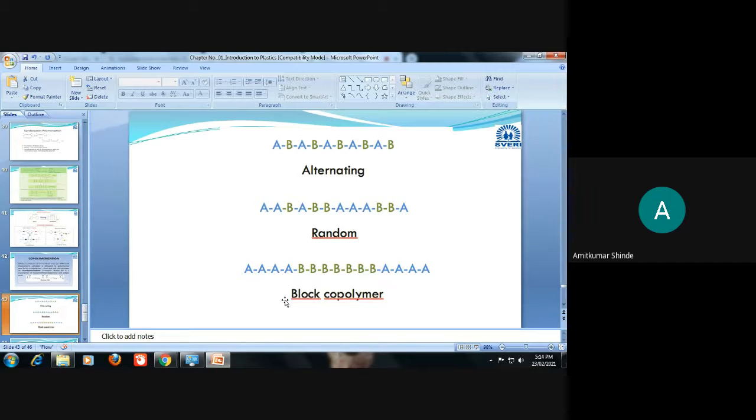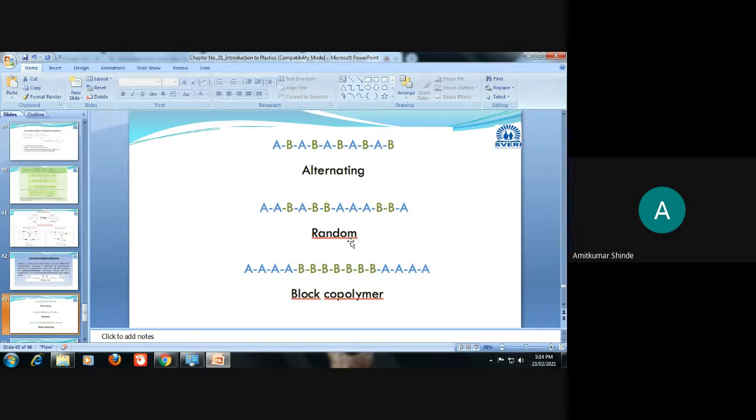Suppose A and B are two monomers, and in that polymer's combination they will be present alternately. Their arrangement will be in an alternating way. That's why it is termed alternating copolymerization.